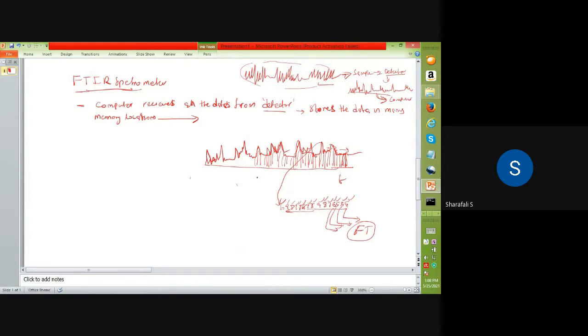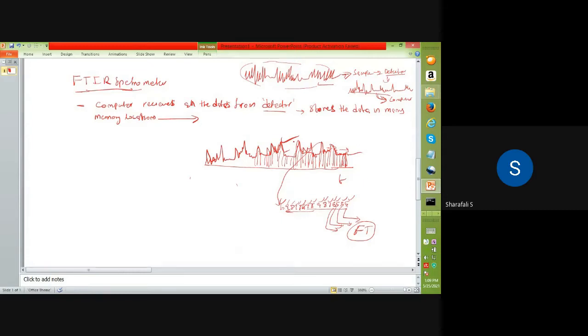That will be converted into the frequency domain, and each frequency in this particular signal will be resolved by using the Fourier transform technique. Then we will get different peaks at different frequencies.